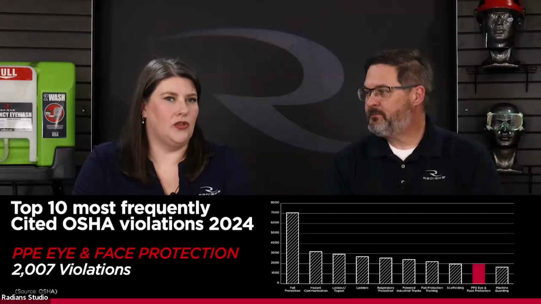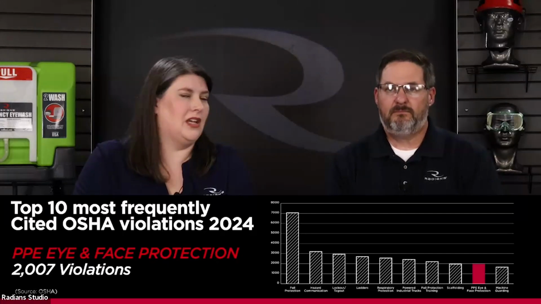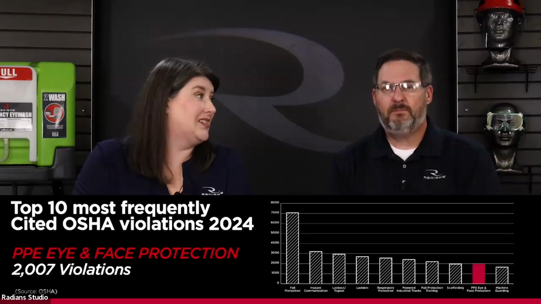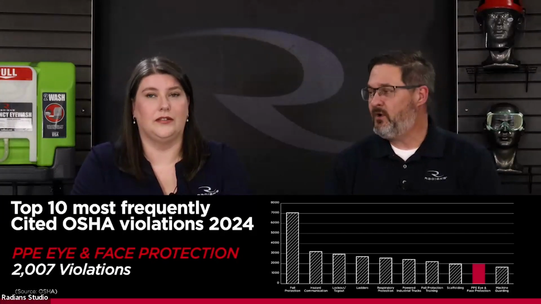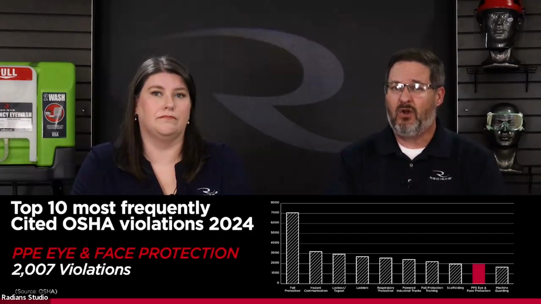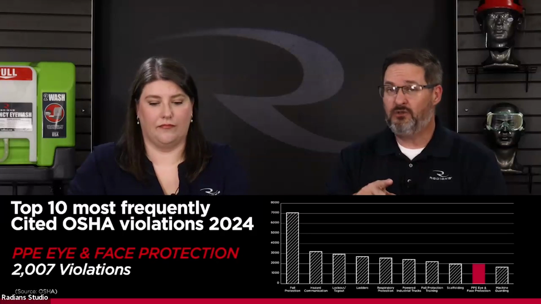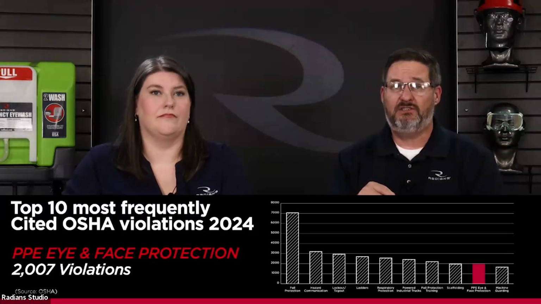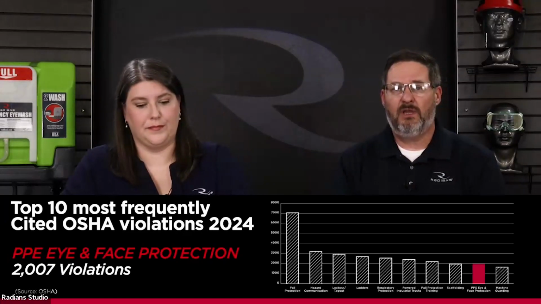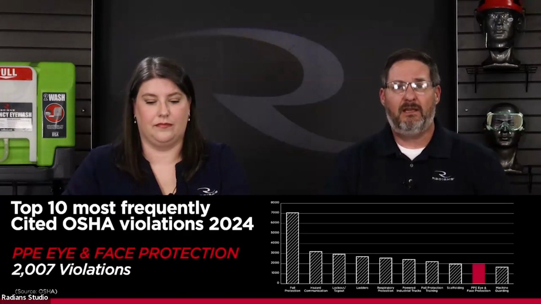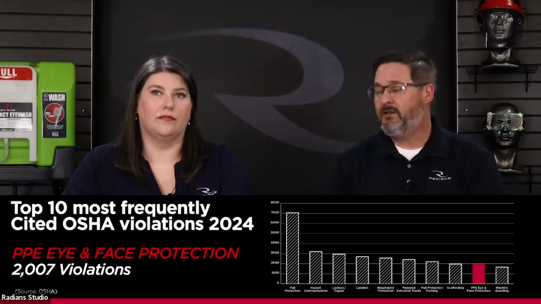So consistently there are issues in the workplace with people being underprotected or not protected at all. And that's the eye and face protection part of it, the PPE part of it. We're also going to hit on the number 2 most common, and that's hazard communication. So when we talk about things like SDS, and we'll walk through what we're talking about with that as we go through, those play together. So number 2 and number 9.